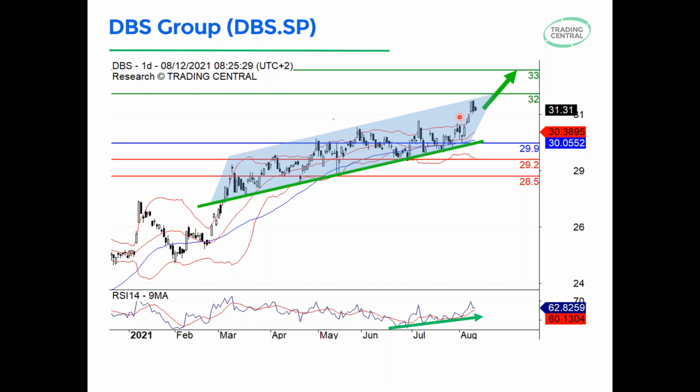The banks, those Singapore banks, have been doing well in the past 2 to 3 weeks. Why? Because the central bank, or I can say Singapore's Monetary Authority, has cancelled the dividend cap on bank stocks.